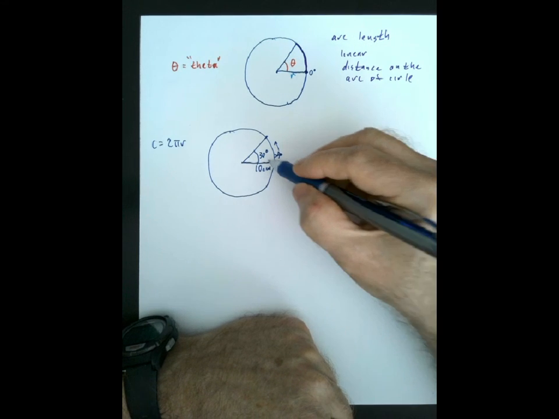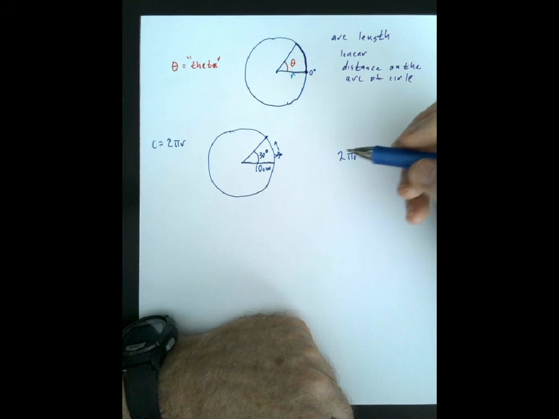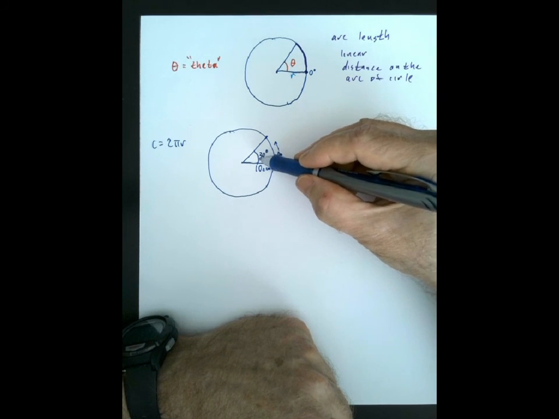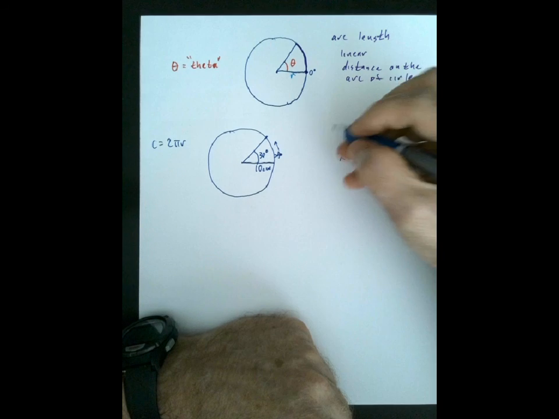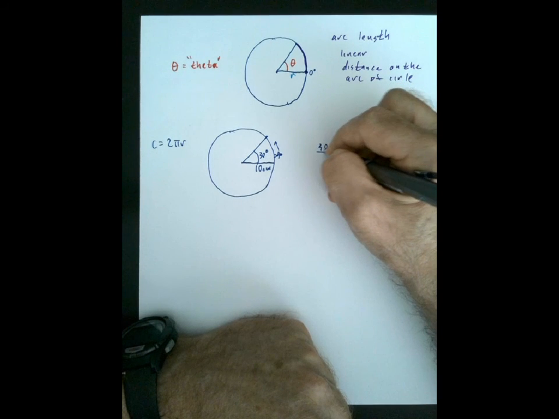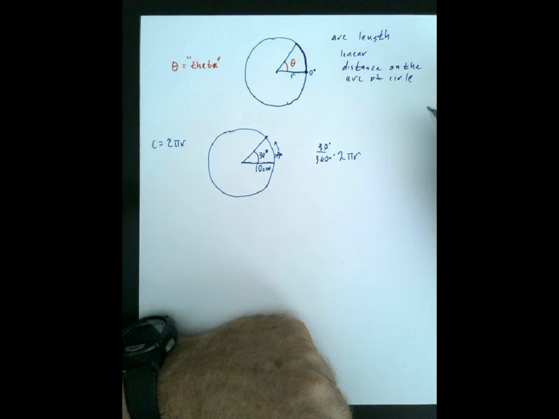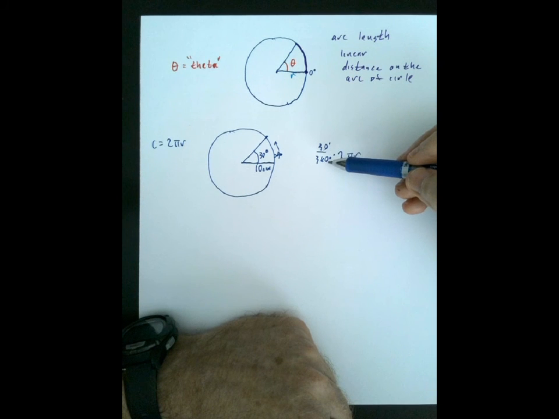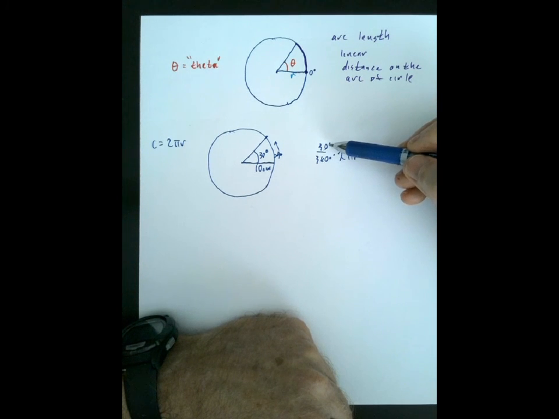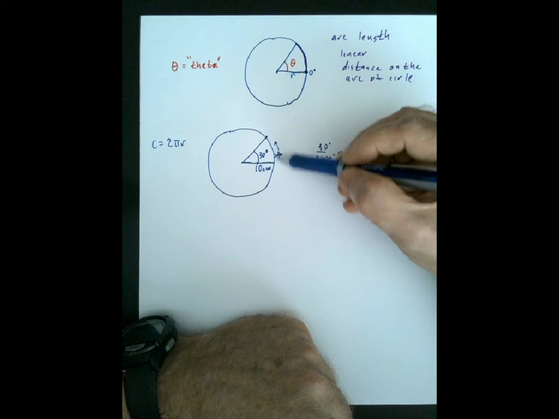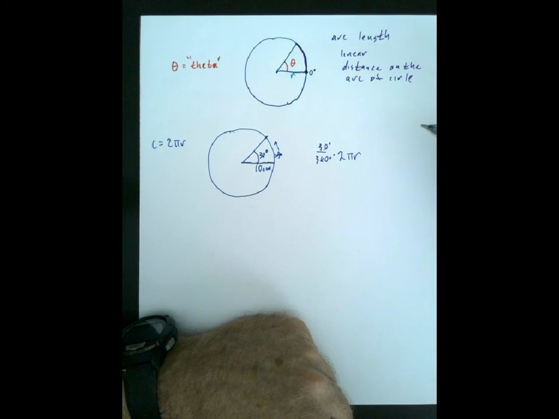Well, we're only going a proportion of it, and that proportion is whatever proportion 30 degrees is out of the 360. Whatever fraction the angle is out of the entire 360 degrees is the same fraction that the arc length is of the entire distance around, 2 pi r.